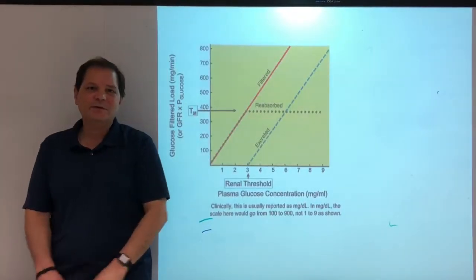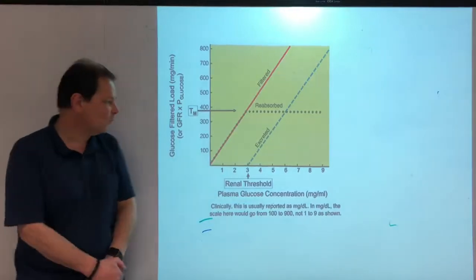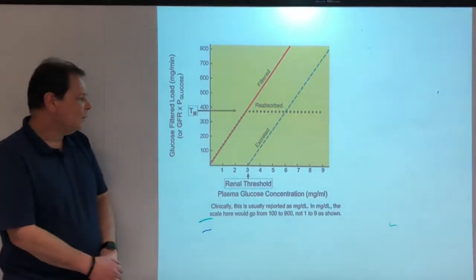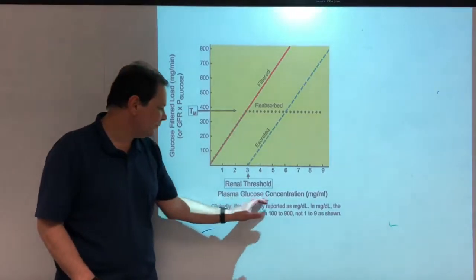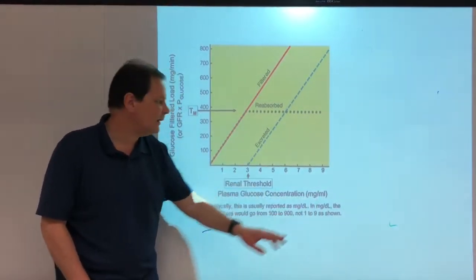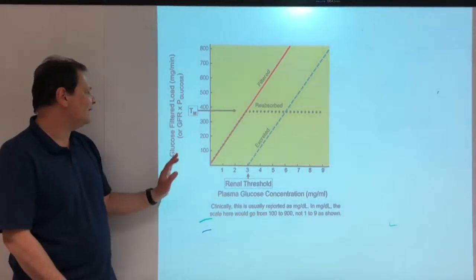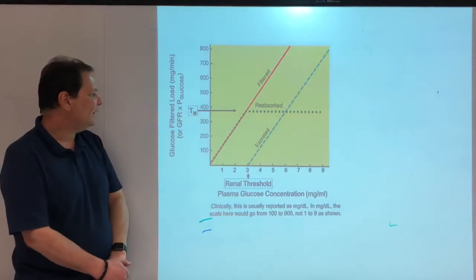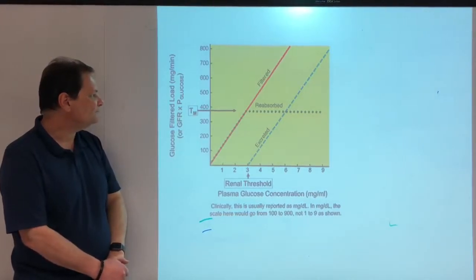So this is a typical example of how that transport maximum works. Again, glucose is a wonderful example of this. We have on the x-axis the plasma glucose concentration, milligrams per mil, and we have the glucose filtered load on the y-axis.